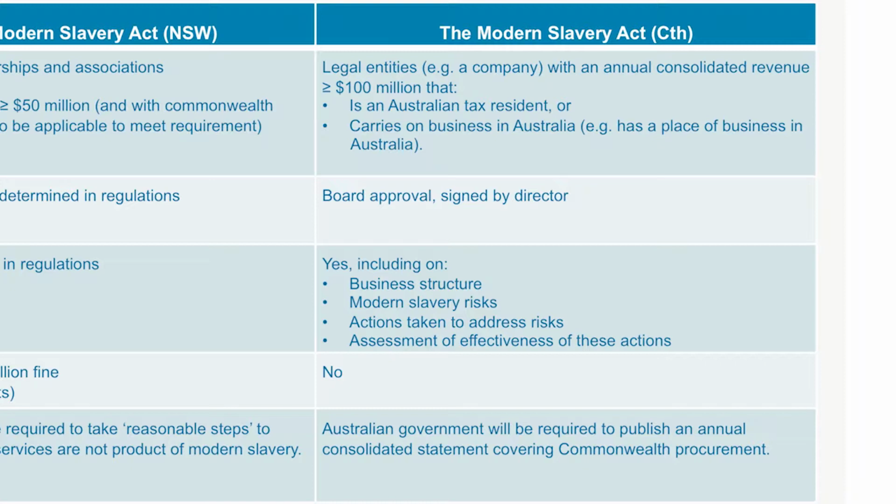It has to be reported within 6 months of the end of the corporate reporting year. So for reporters that use the Australian financial years, it's by 31st of December of that particular year. They have to submit it to the relevant Home Affairs Minister, who then publishes it on a public repository.